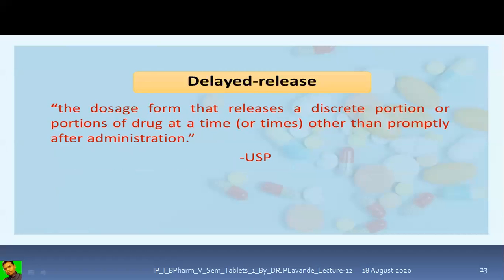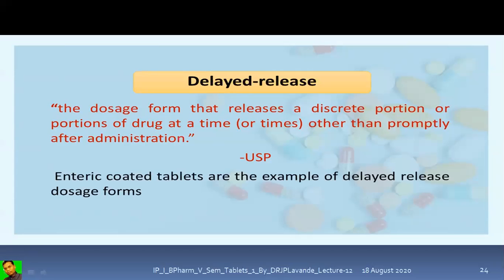Now, when there is a slow release of the drug, when there is a discrete portion of the drug, when the release of the drug is in portions over a period of time, then such a kind of dosage form is said to be the delayed release dosage form. So the dosage form that releases a discrete portion or portions of a drug at a time or times other than promptly after its administration is said to be the delayed release dosage form.